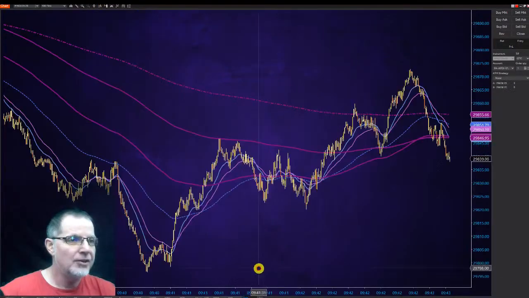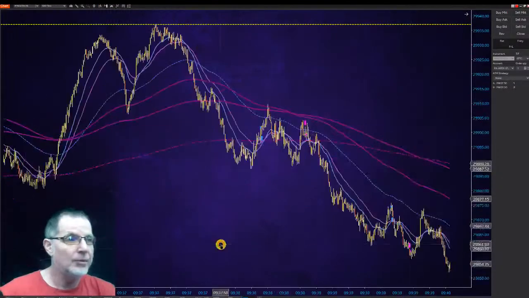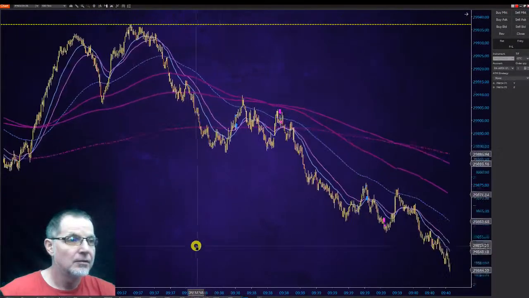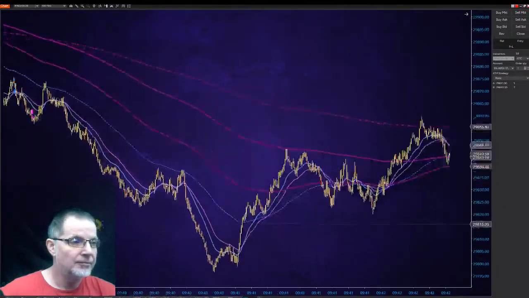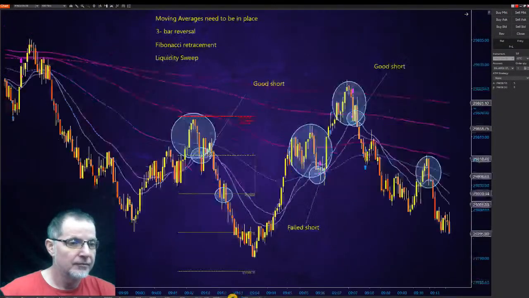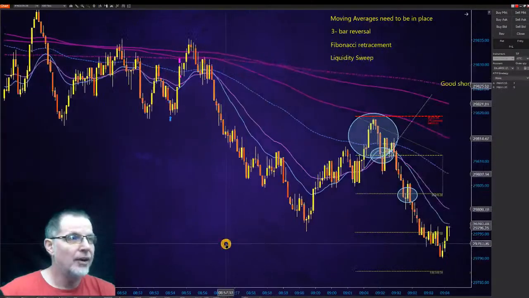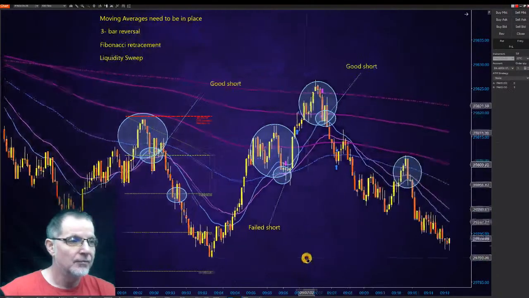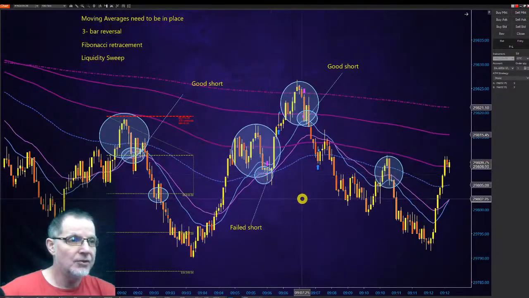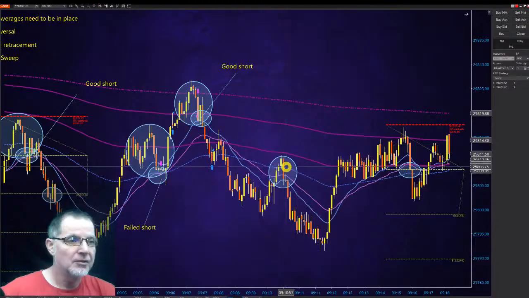Now on the 100 tick chart, I can show you where we did it this morning. And it worked pretty good. Where was that? Right here. See how the moving averages are all spread out? We had our first engulfing red situation here. I actually took this short. This one I lost. This one I got. This one I missed.